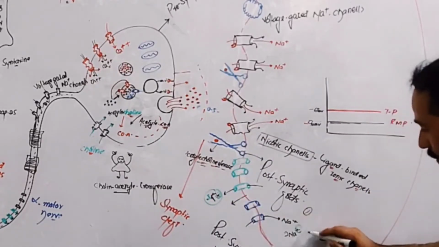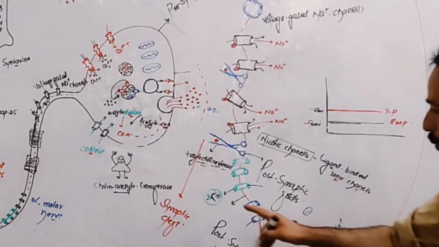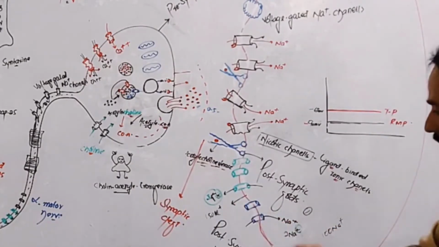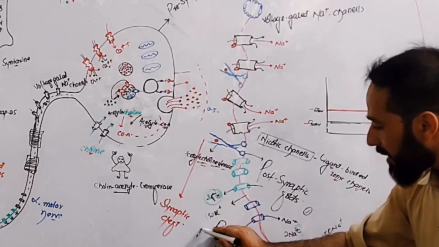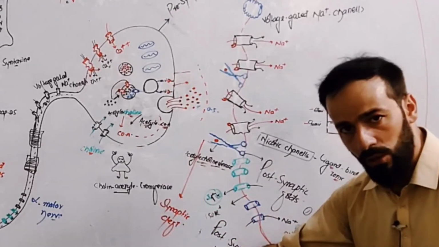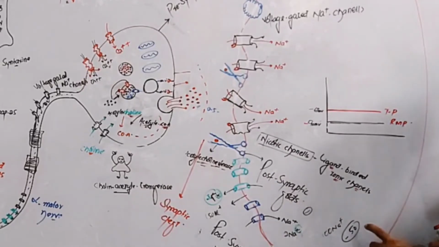And for example, if 100 sodiums come, 150 potassiums will leave. So there will be 50 plus charges extra leaving. If 50 extra charges are going out, 50 negativity is gained. 50 charges negative is gained here.